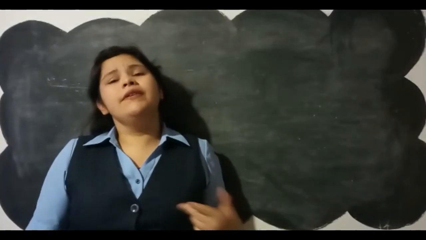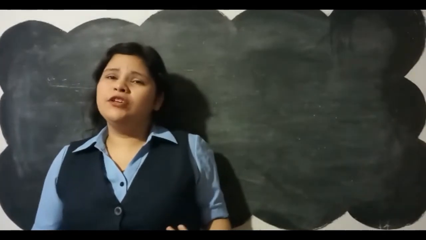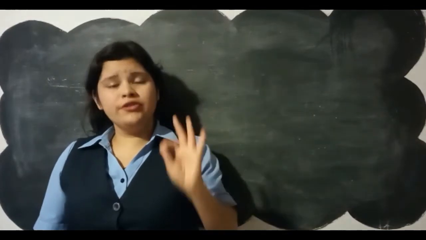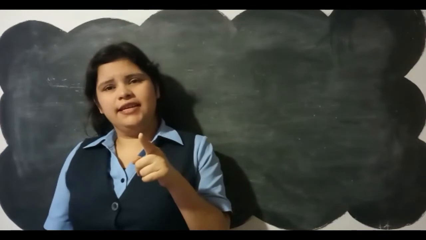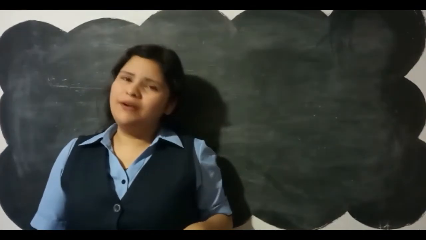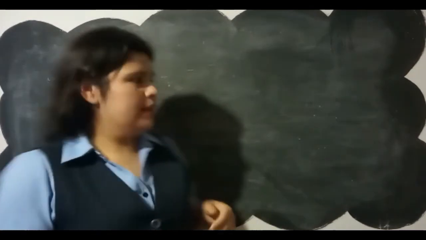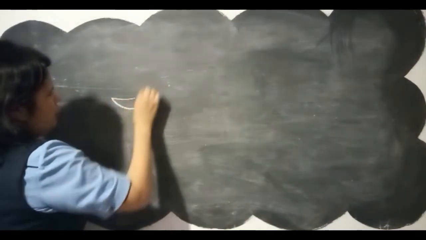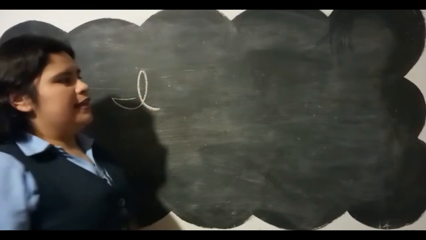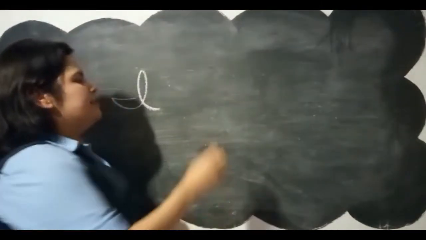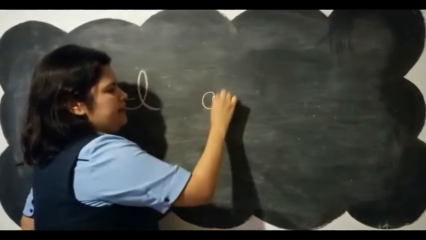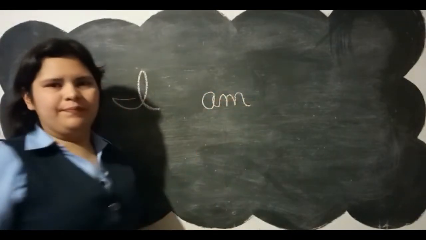To finish our examples with negative contractions, I'm going to write a special case. So I want you to pay attention. This time our subject is going to be I. The verb to be for I is am.